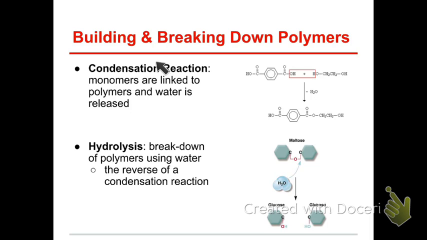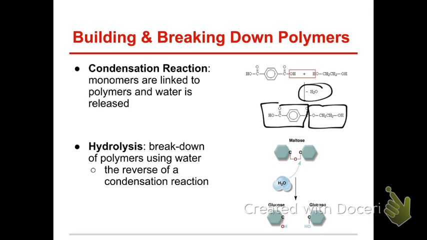So a condensation reaction is where you take, for example, the hydroxyl group from this side and the hydrogen from this side. We take these two monomers and we link them together. The result is two building blocks that are now linked. Here's one, here's two.